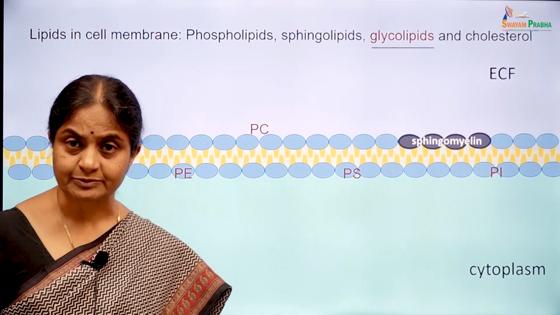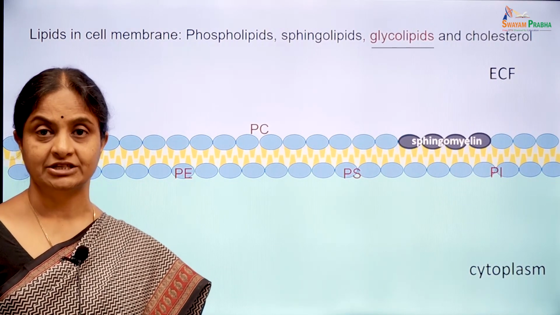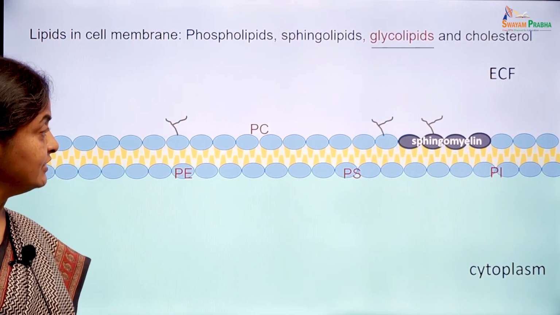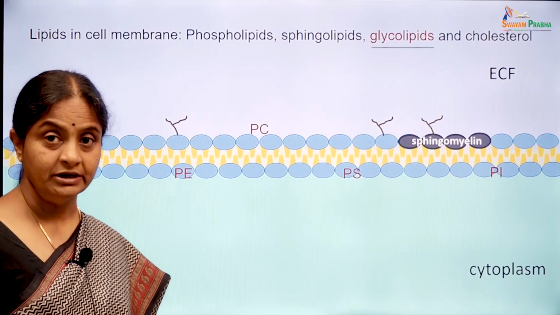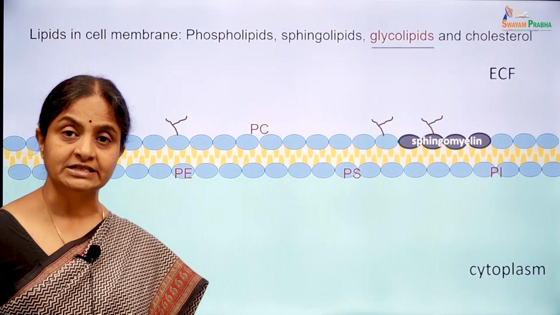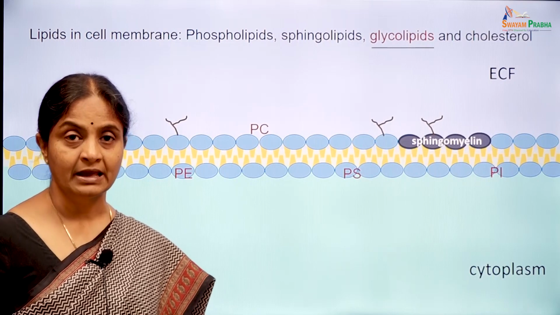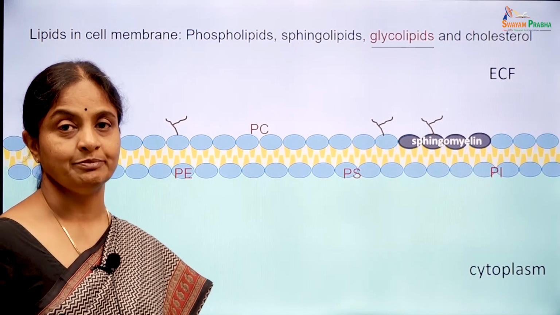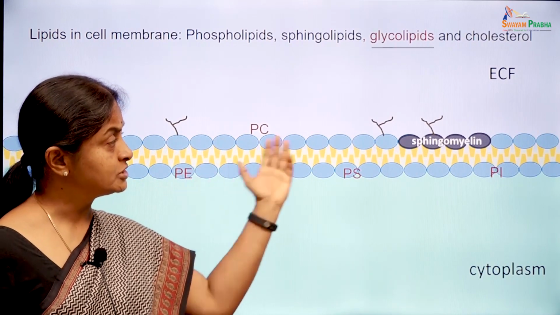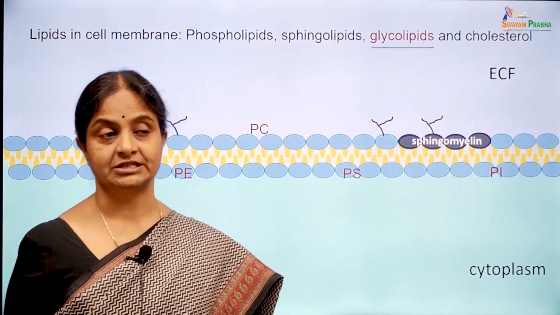Glycolipids are not a special entity different from what we've considered just now. In fact, of the lipids on the outer leaflet of the cell membrane, phosphatidylcholine and sphingomyelin, some of them have carbohydrate side chains attached to them, and now we refer to them as glycolipids, either glycophospholipids or glycosphingolipids.